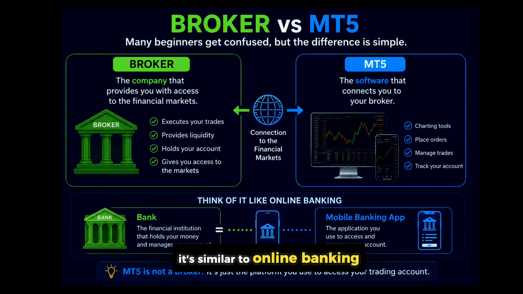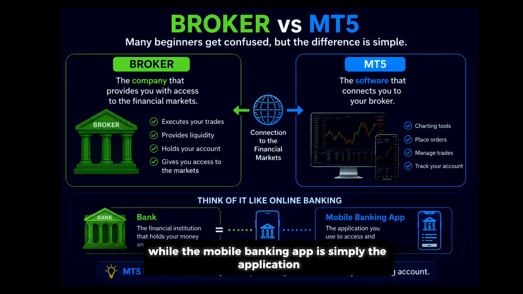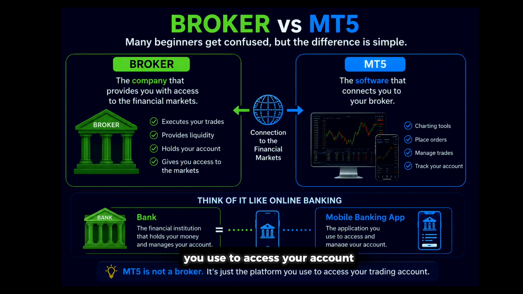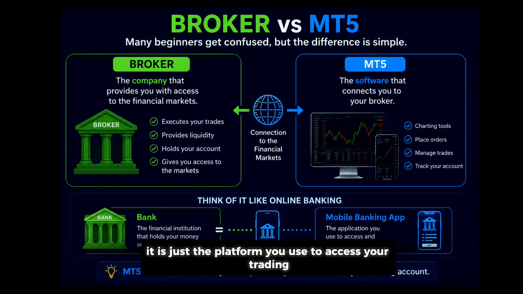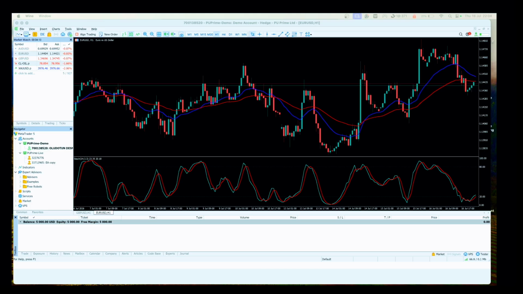It's similar to online banking. Your bank is the financial institution that holds your money, while the mobile banking app is simply the application you use to access your account. In the same way, MT5 is not a broker. It is just the platform you use to access your trading account.